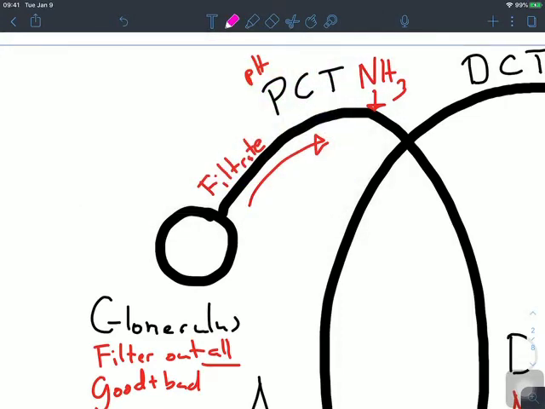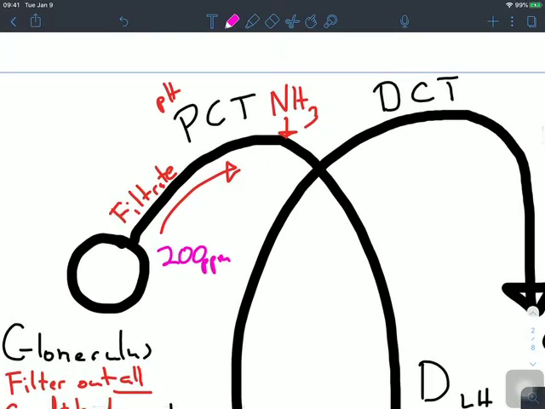Let's say that there are something like 200 parts per million. Going through the proximal convoluted tube, you're actually adding in the NH3. This will up it to something like 300 parts per million by the time that you reach the top of the descending loop of Henle.